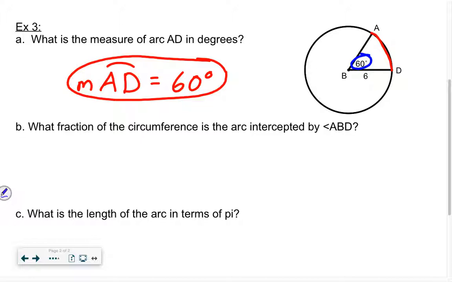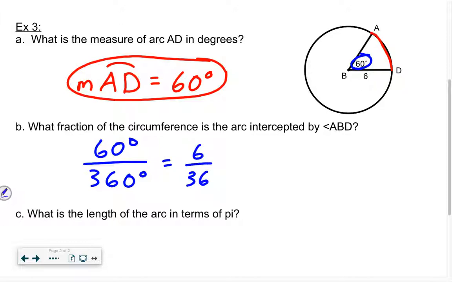This arc takes up 60 degrees, but the total circle has 360 degrees. So there is our part divided by the total amount. We factor out our 10 to get down to 6 out of 36. The degree symbols also cancel out. 6 over 36 reduces down to 1/6.